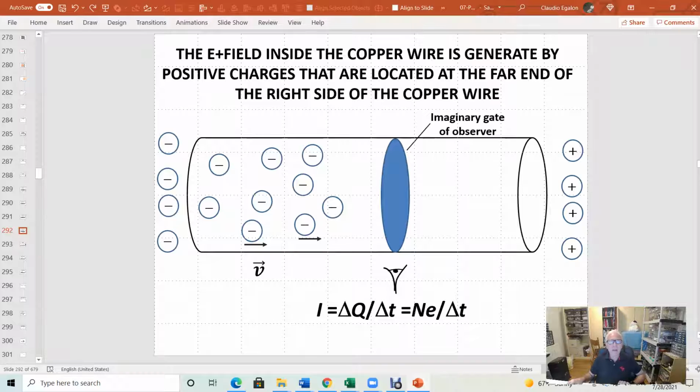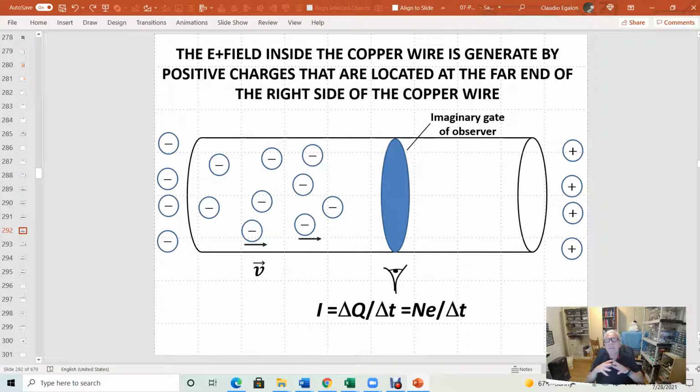The current is equal to the amount of charge that flows through this cross-section, through this gate, divided by the amount of time. In other words, it is the number of electrons that cross this gate, times the electric charge, divided by delta T. That's what an electric current is all about.